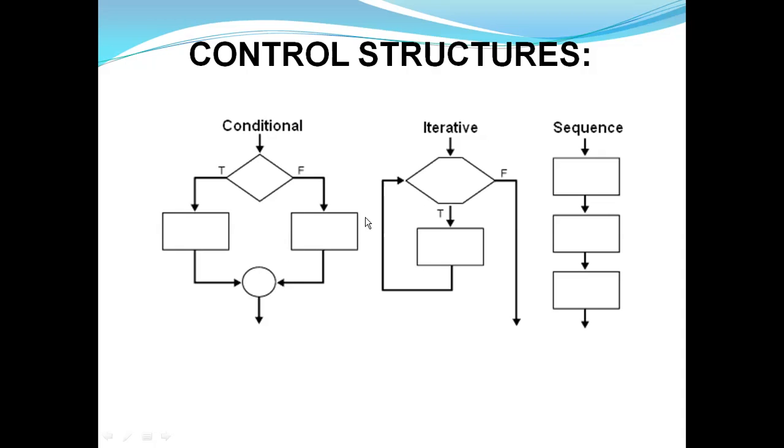That is a conditional. What is iterative? Iterative will keep on repeating. You can call it loops. Loop means 1 to 8, then again 1, then 1 to 8, then again 1 to 8. That is iterative. So whenever you are writing a program, it always flows in this order.